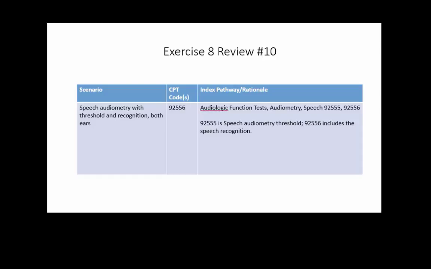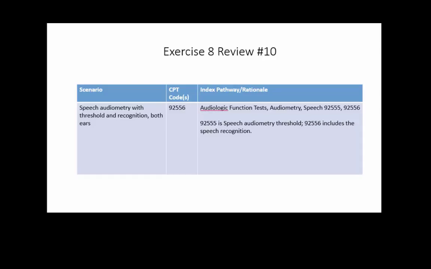You know you're doing something with the ears, so I think audiologic would come to mind pretty quickly. So then you just follow your subterms until you get to audiometry and speech. You look up our code descriptions, and 92555 is speech audiometry threshold. 92556 includes the speech recognition, so we want the 92556 as our answer.